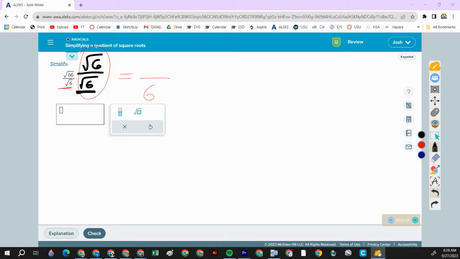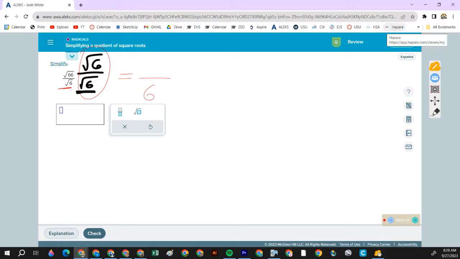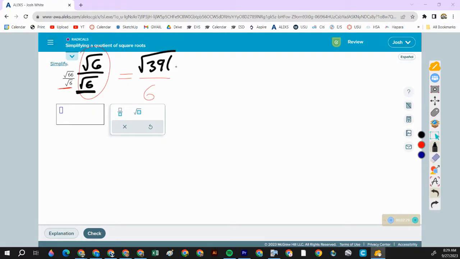Well, the top becomes, I don't even know what that is. So the top becomes 66 times 6, which is 396. But I don't really care what it is. So that becomes the square root of 396.